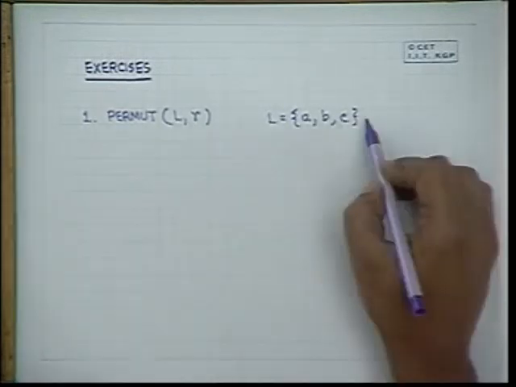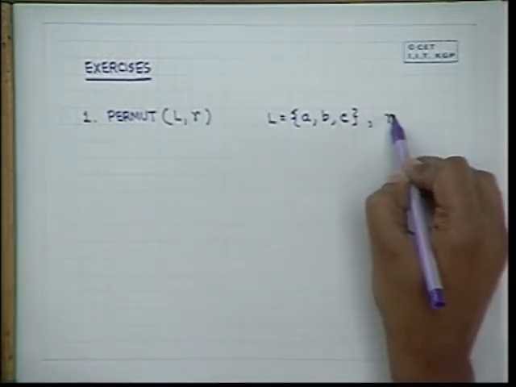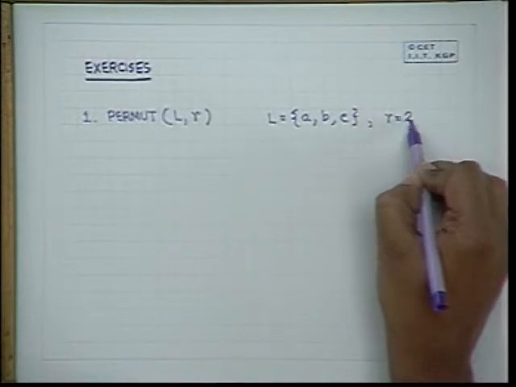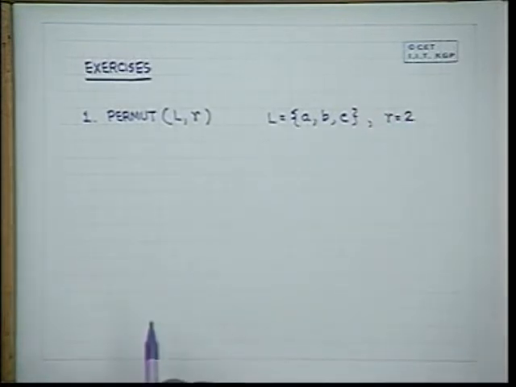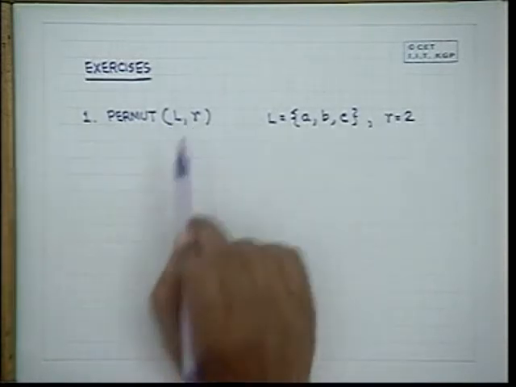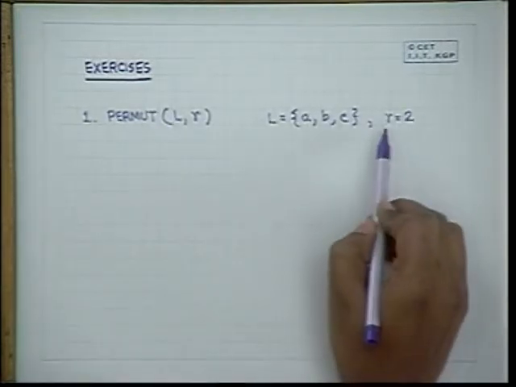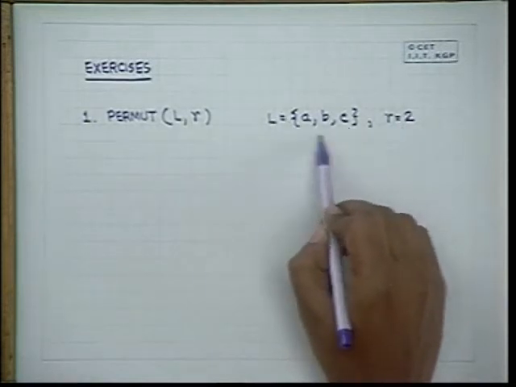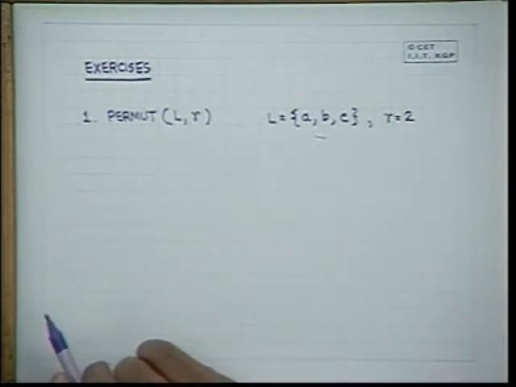And R is an integer. Say R is equal to 2. You are to solve the problem of finding out all 2 permutations of these elements.